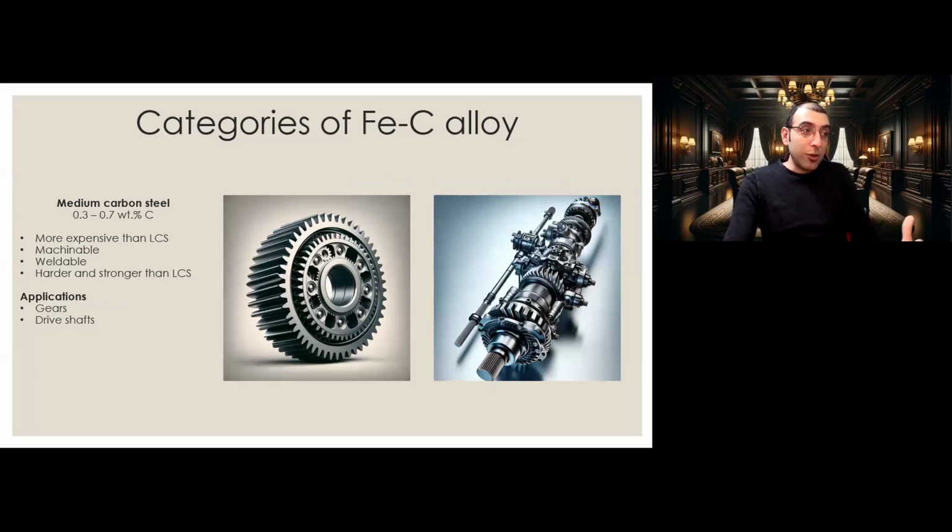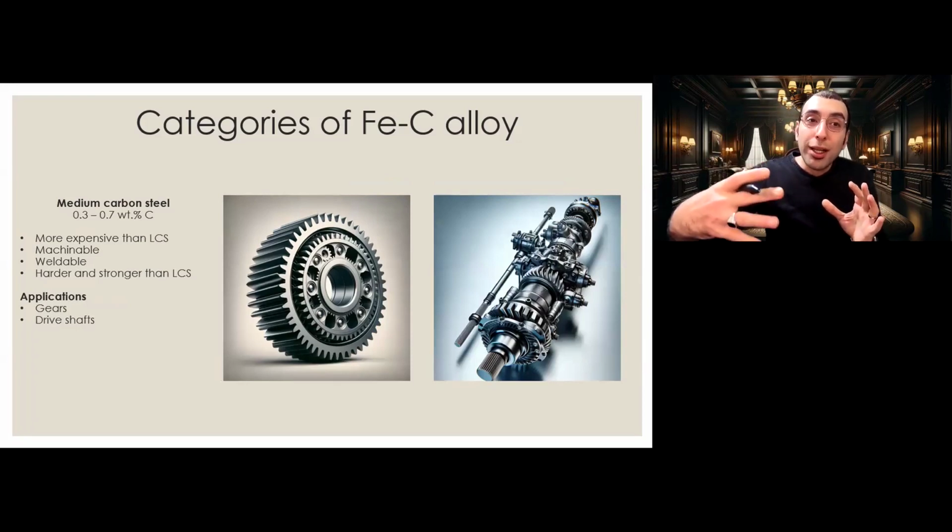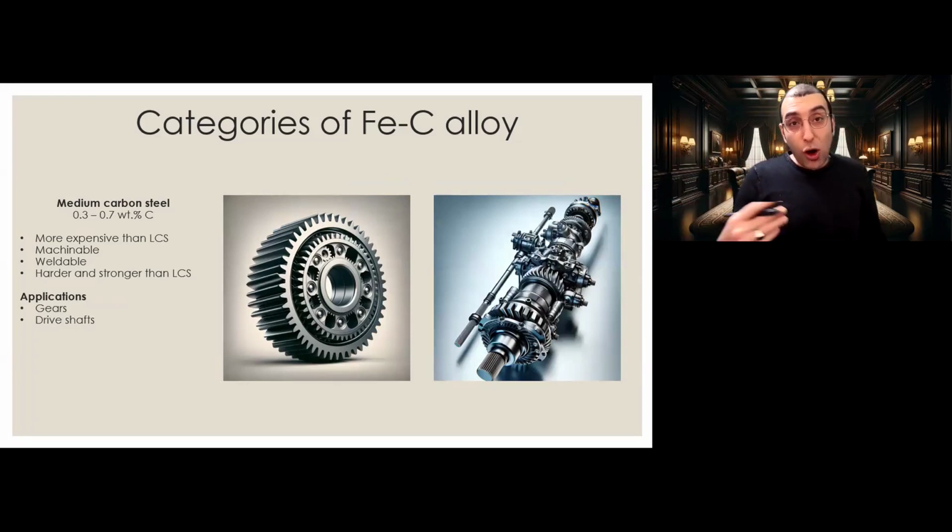It is a bit more expensive than low carbon steel. It's still machinable and weldable, but because the composition of carbon is higher than in low carbon steel, it's harder and stronger.